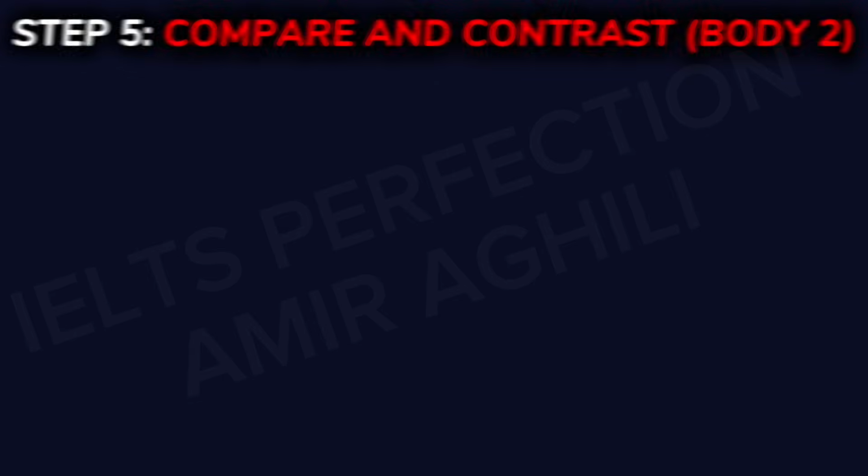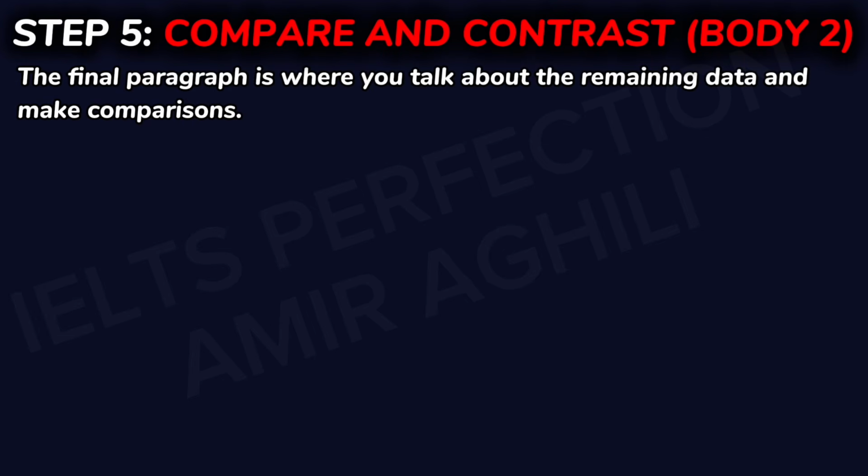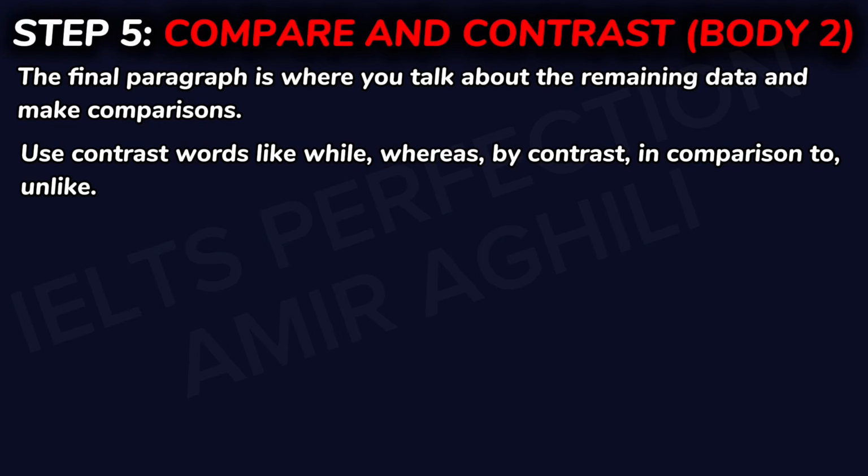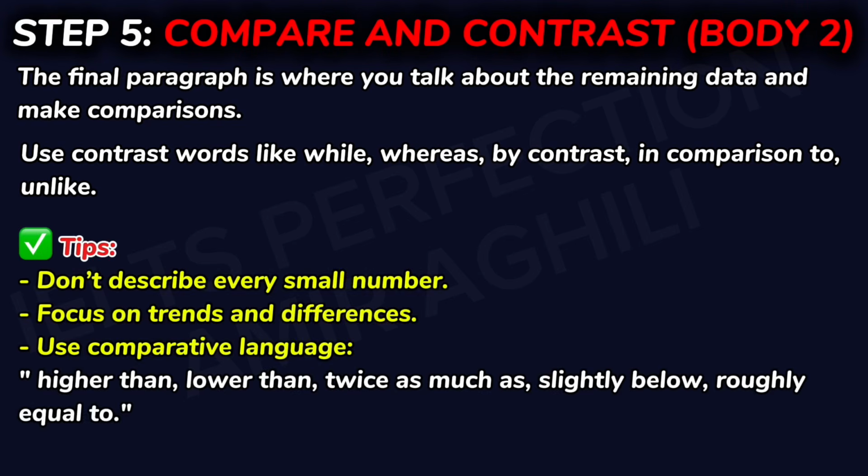And step 5 is compare and contrast, or body paragraph 2. The final paragraph is where you talk about the remaining data and make comparisons. You can use contrast words like while, whereas, by contrast, in comparison to, or unlike. There are some little things that you need to remember.